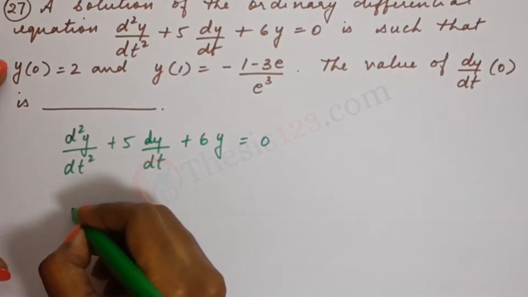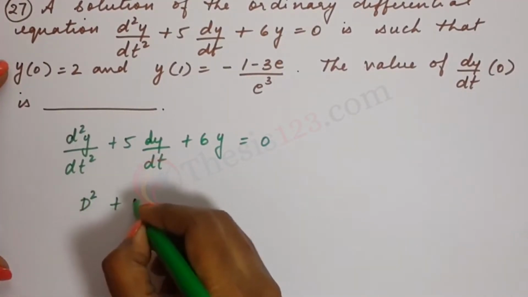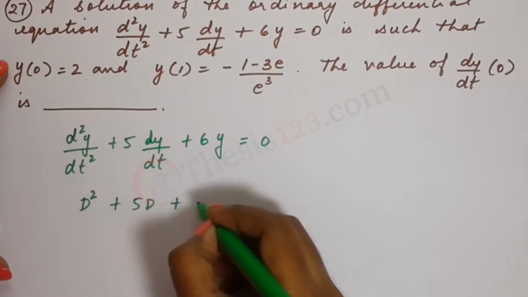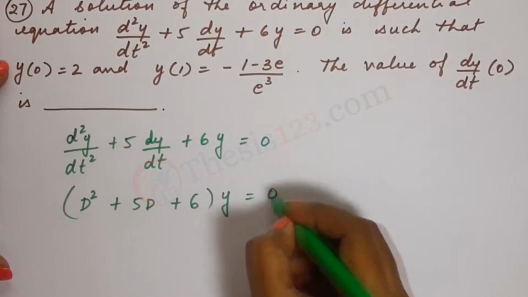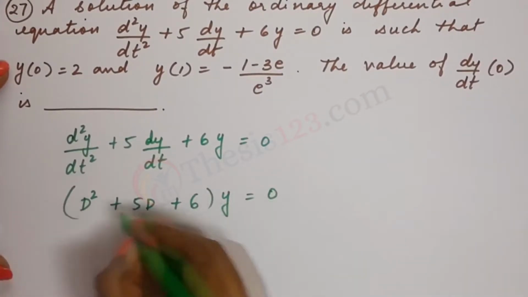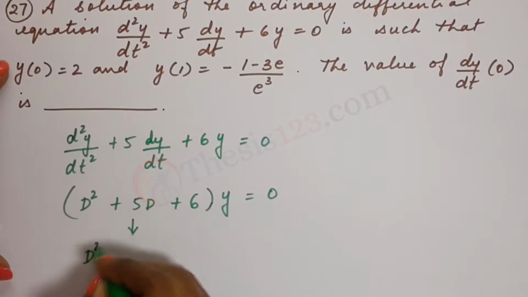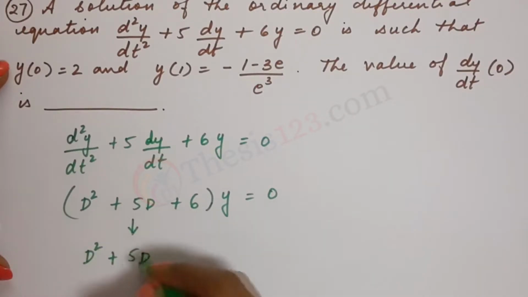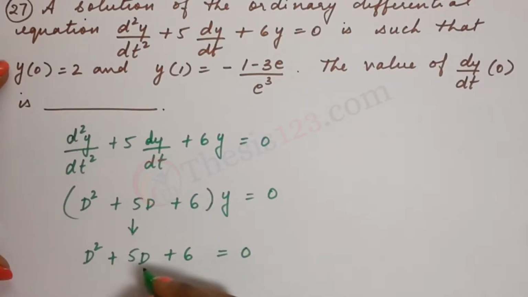Now we write this in the form of an auxiliary equation, (D² + 5D + 6) y = 0. The part within the brackets is the auxiliary equation, D² + 5D + 6. Now we equate this to 0 and find out the values of D.